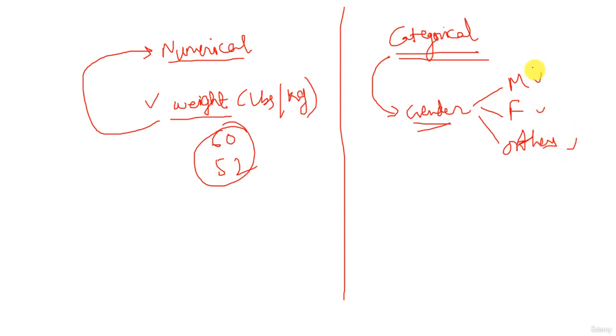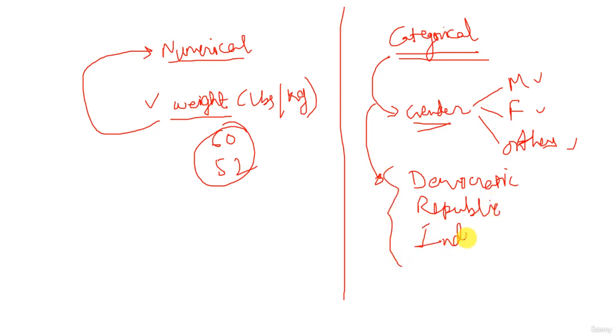You can also have different categories, like in the upcoming election, whom are you planning to vote for? Maybe there are Democratic parties, Republican parties, or independent parties. So you can see there are categories again.